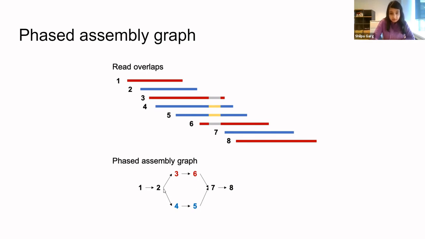And here you see the bubbles have a common start and end node, and then you see these haplotype allele paths within the graph. In this way, you can encode the haplotype as well as any structural rearrangements in the genome through this graph.